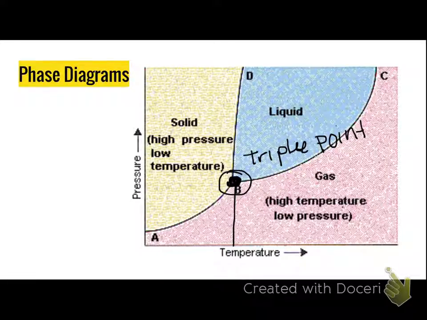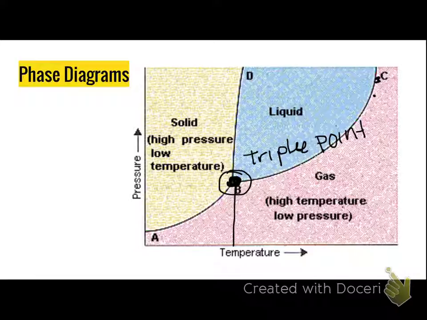We are also going to see a point on the curve called a critical point, and you'll generally find this up in the top right-hand corner. So there's really not a technical critical point on this, but you'll see it somewhere around here, up here by the C. You'll see that critical point.